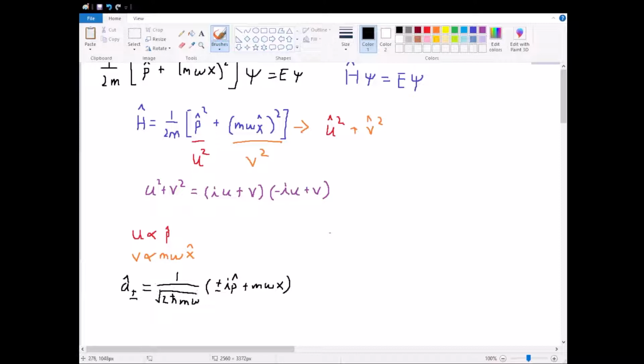And the second thing we're going to do is switch the order of these. So a plus is going to correspond to a negative i p hat, and a minus is going to correspond to a positive i p hat. Once again, the reason why we're doing this isn't exactly clear. The actual reason is just because this makes the final math a little bit more convenient to work with. It makes the equation a little bit neater.